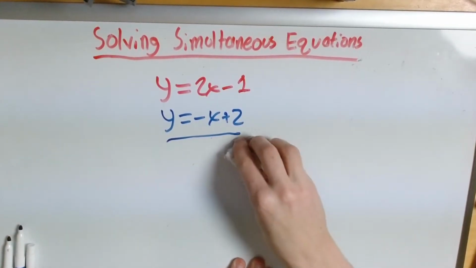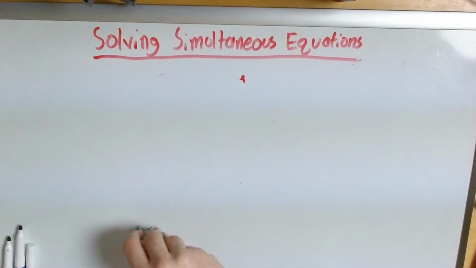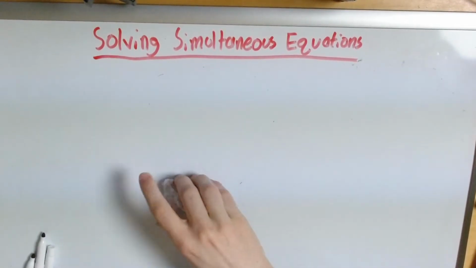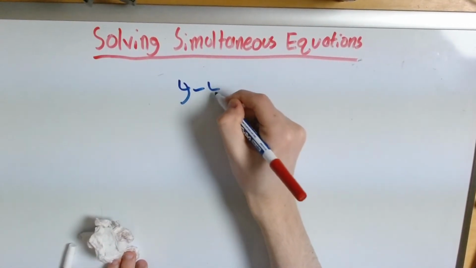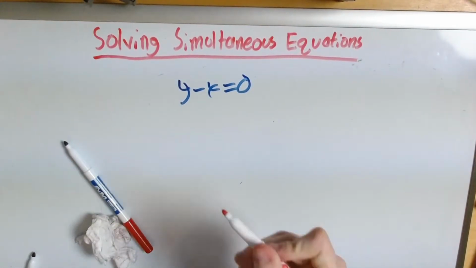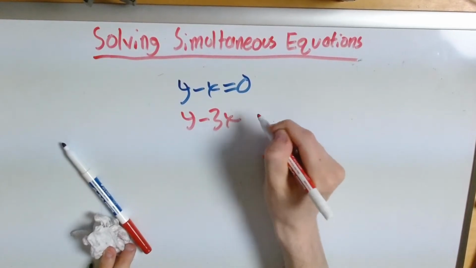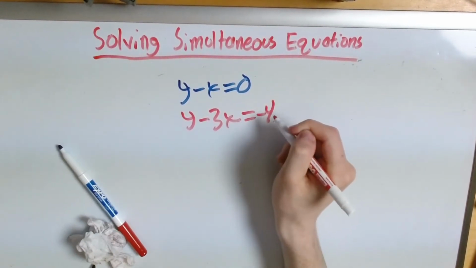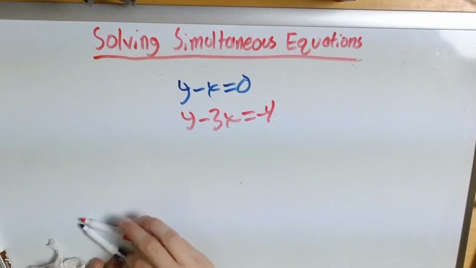So, let's say we have something like, I don't know, y minus x equals 0. And let's see, y minus 3x equals negative 4. Now, I notice neither of these two are in slope-intercept form.